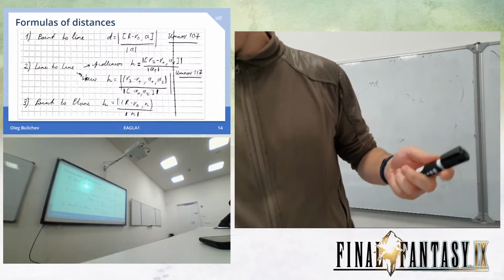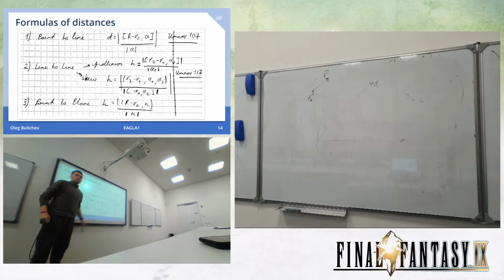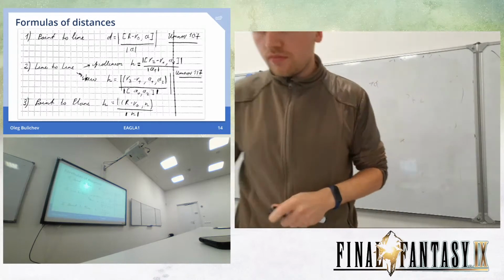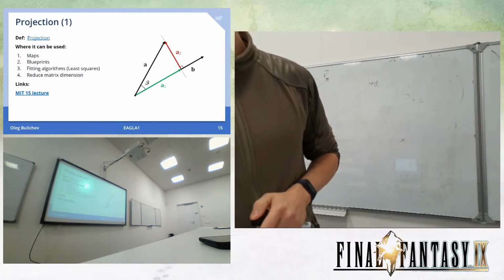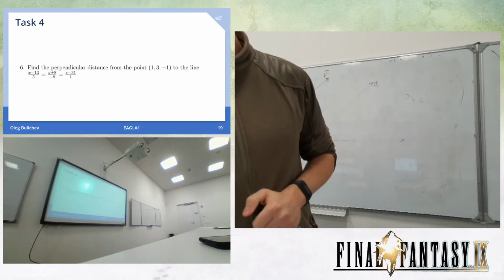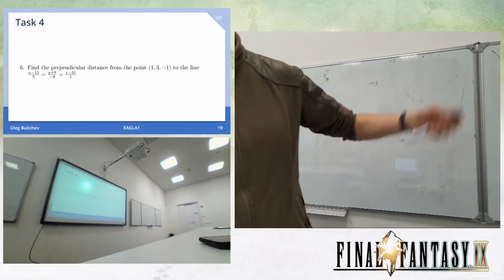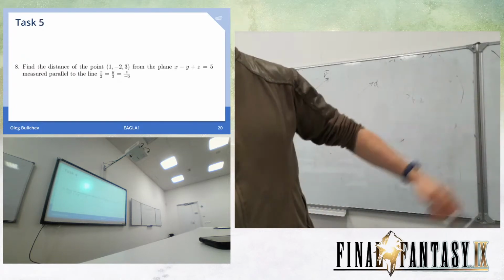Going to the plane. So, about the plane, normal line. For this task, the perpendicular distance from the point to the line, we just need to use this equation and present the last one.